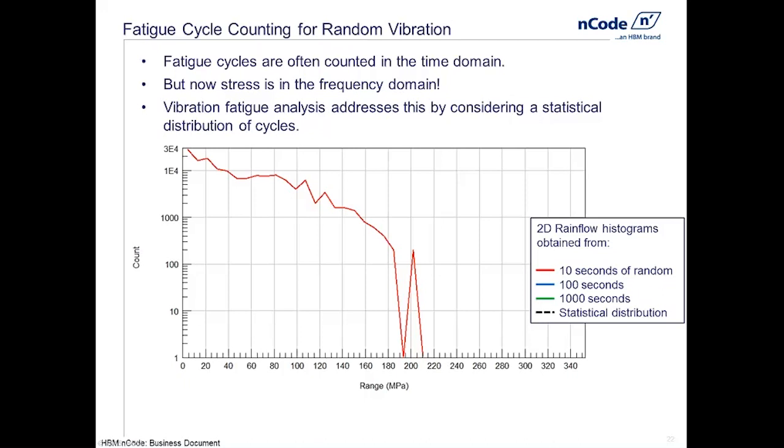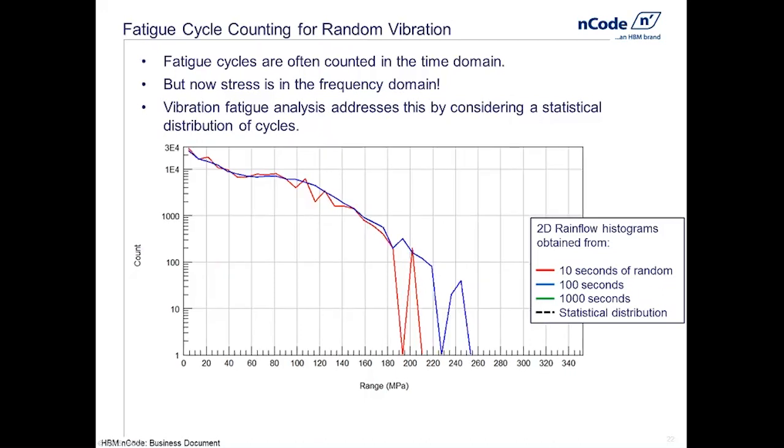The vertical axis is the number of fatigue cycles, and the x-axis is how big those fatigue cycles were. With 10 seconds of data, we probably don't have a very good statistical understanding of this random wind blowing process. If we were to collect data for a longer time period, we might find that the statistical distribution of cycles takes on some additional characteristics. That's what's shown in the blue here.